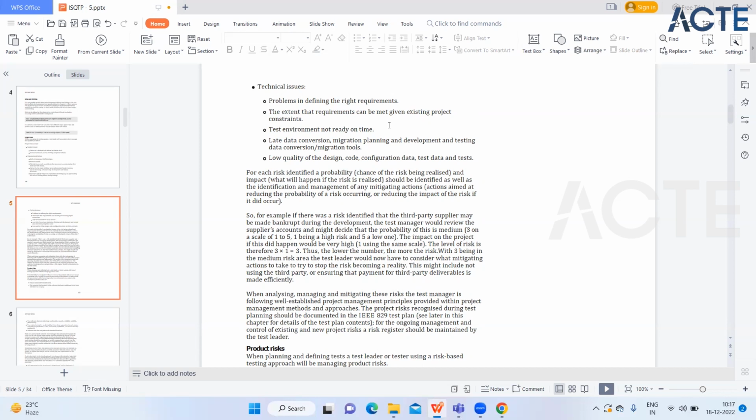Now, the extent that requirements can be met given existing project constraints, test environment not ready on time. The test environment is not ready on time and we have to perform the testing. So it's a kind of project risk under technical issues.